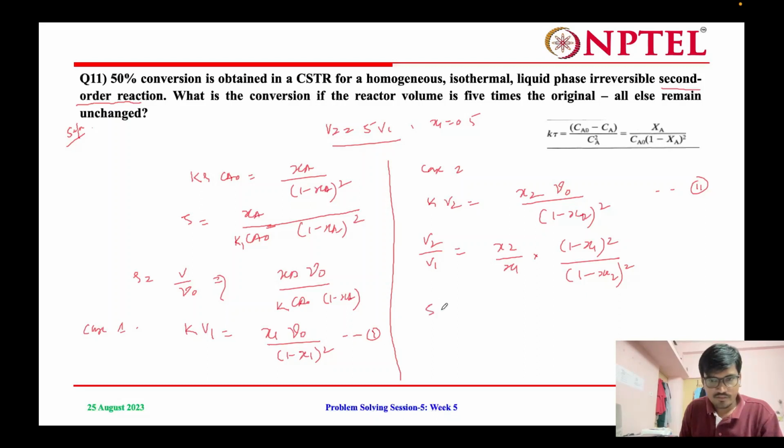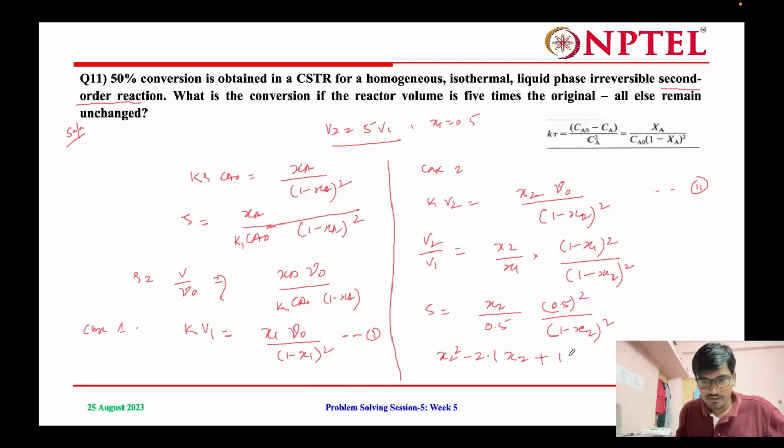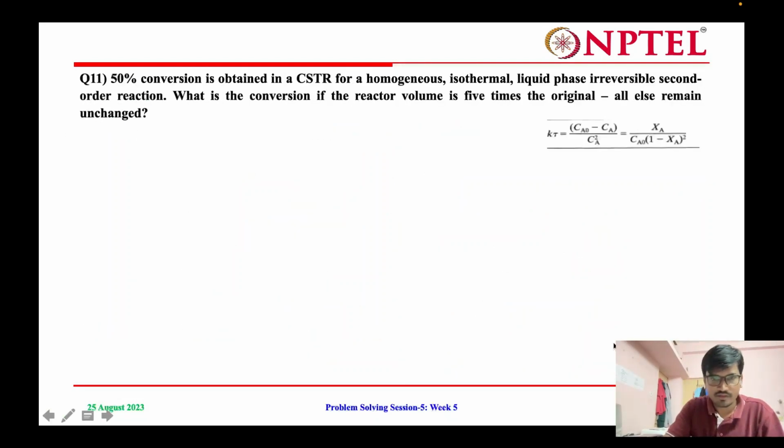So put 5 = X2 / 0.5 into 0.5 squared over (1 - X2) squared. After simplifying, you will get X2 squared minus 2.1 X2 plus 1 equal to 0. So X2 squared is 2.1 X2 minus 1.